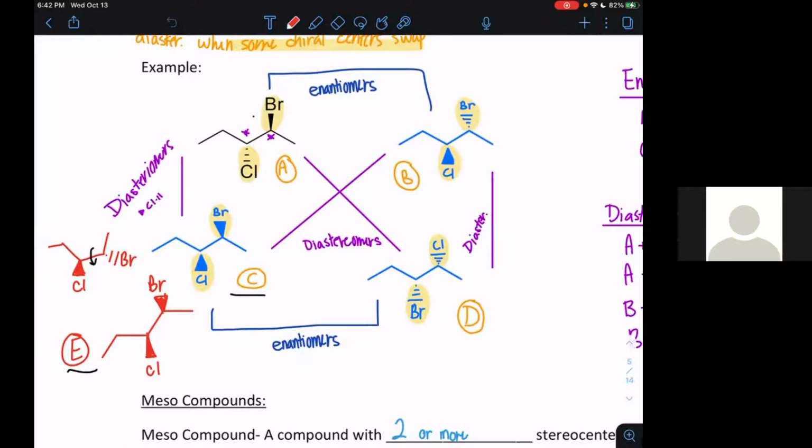C and B are diastereomers. That's cis and trans. Only the Br bond changed from a dash to a wedge, but the Cl stayed as a wedge. So if Br became wedged and the chlorine became dashed, then that would be an enantiomer, like how it is for A, because both of the bond types changed for the group atoms.